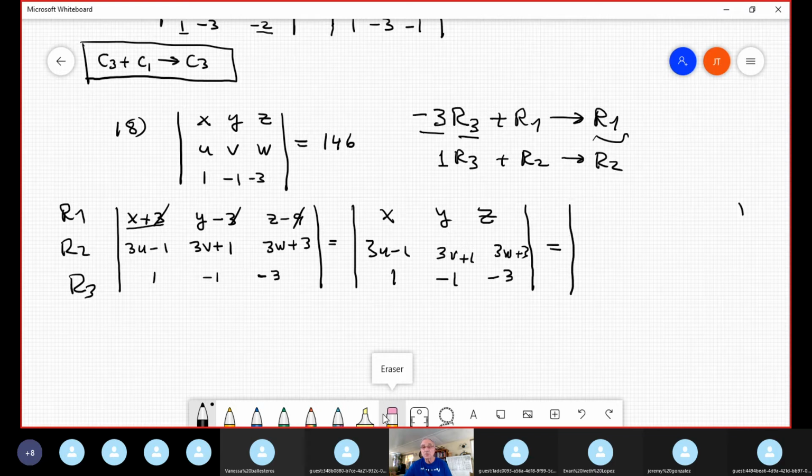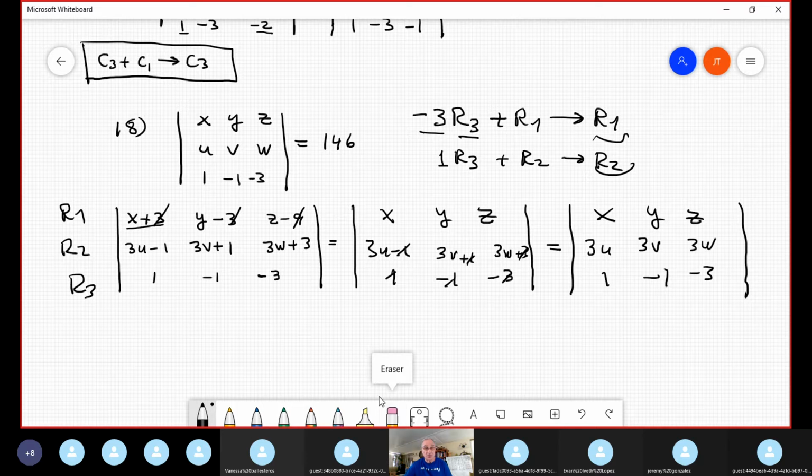Then row 1 stays the same, doesn't change. Row 3 stays the same. But row 2 changes, because when you add this and this, it's obvious that it cancels. Then 3u, 3b, and 3w stay.